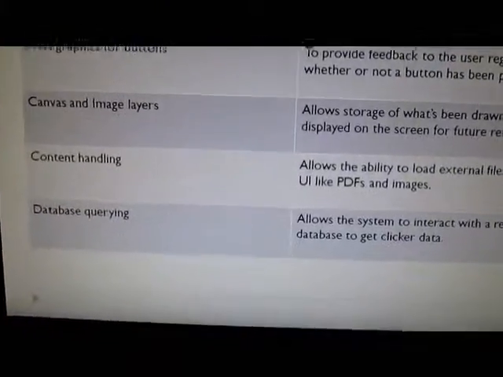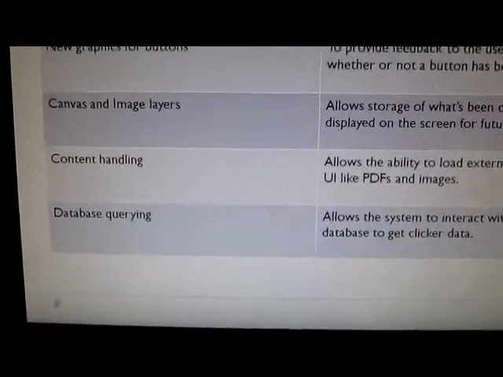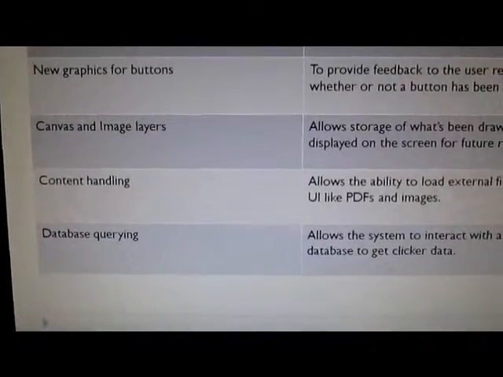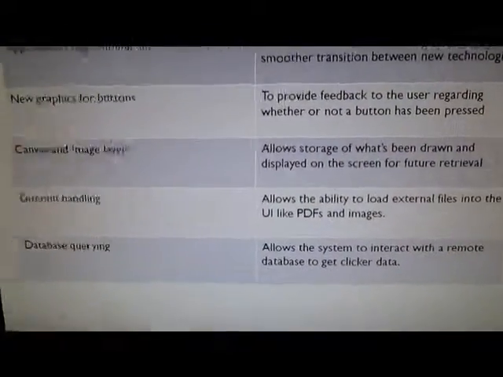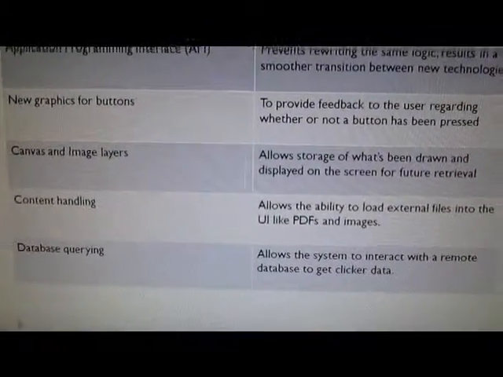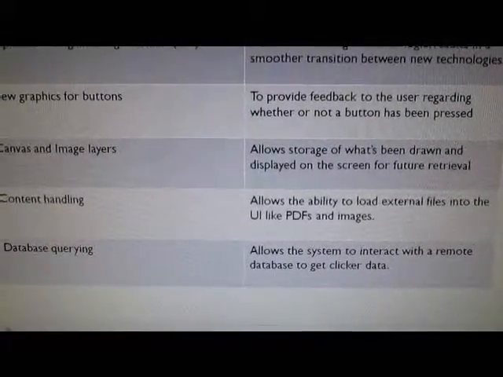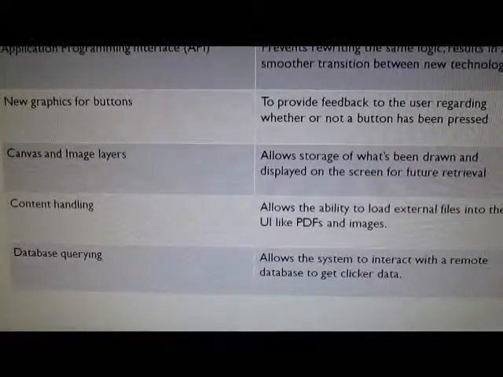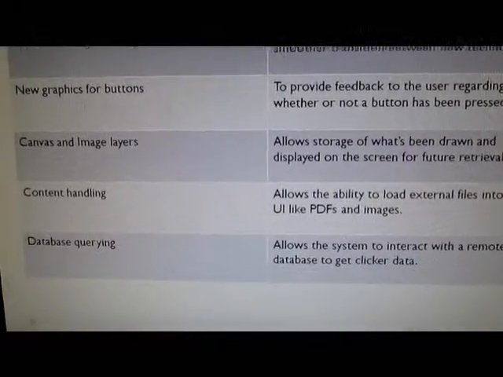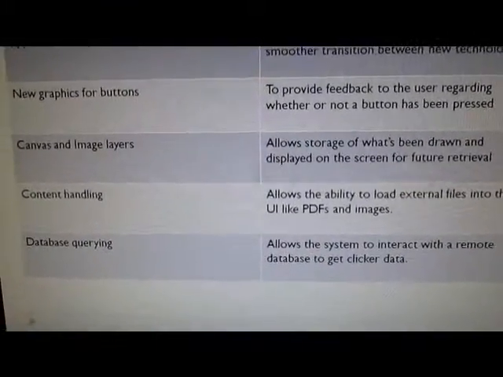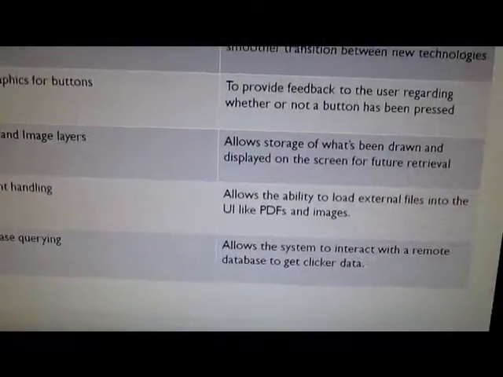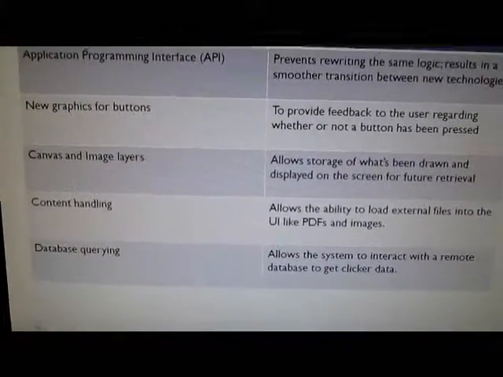Then I talked about content handling and database querying, which is what Ben and Lance were working on, and how content handling allows us to deal with PDFs and images, and how database querying allows us to interact with the Clicker database and get useful statistics.